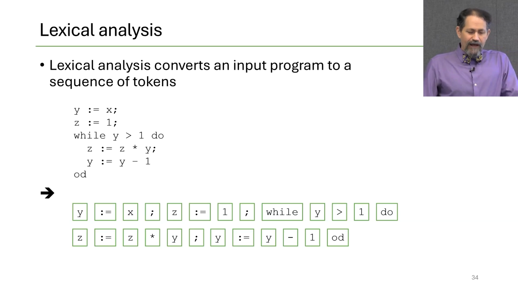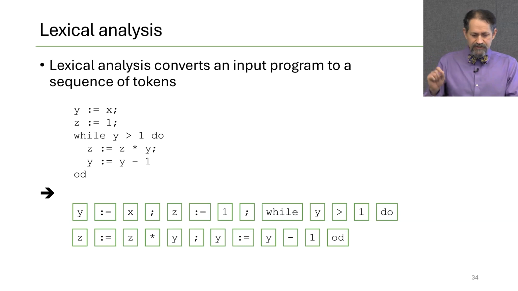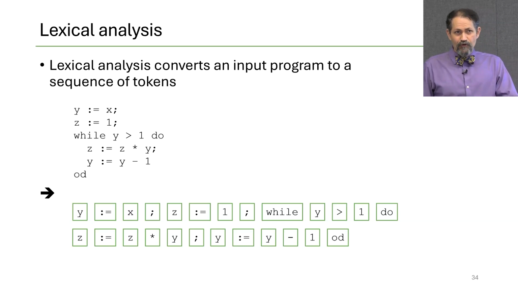We might write the program as shown here, but the first thing we want to do when we compile it is transform it into a sequence of tokens. And so you can see this sequence of tokens. We've forgotten everything about the structure of the program. It's just a sequence of little strings, which might be keywords like while, identifiers like x and y, or symbols like greater than or the assignment operator.